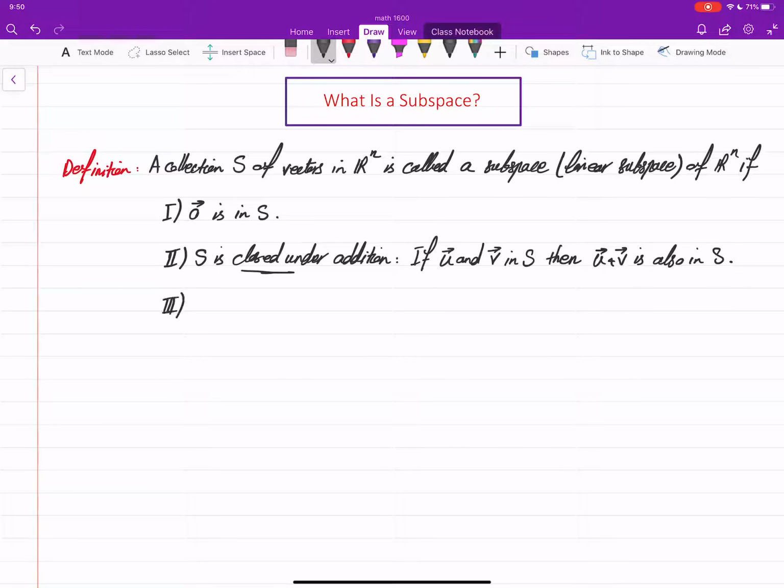Also, S is closed under scalar multiplication.